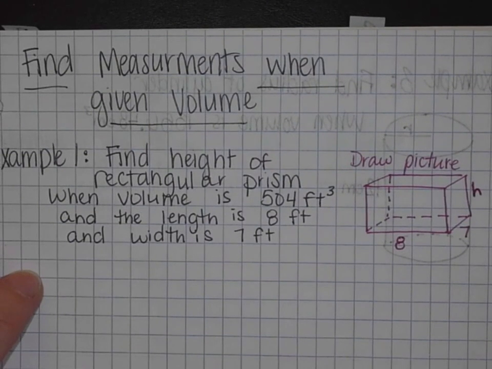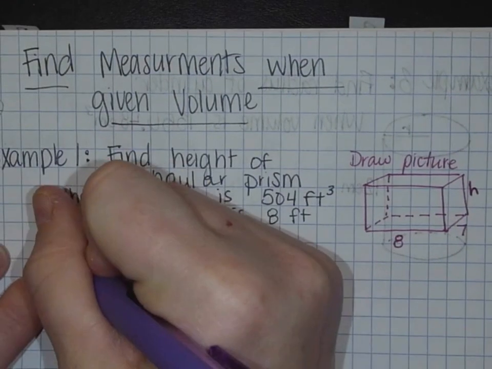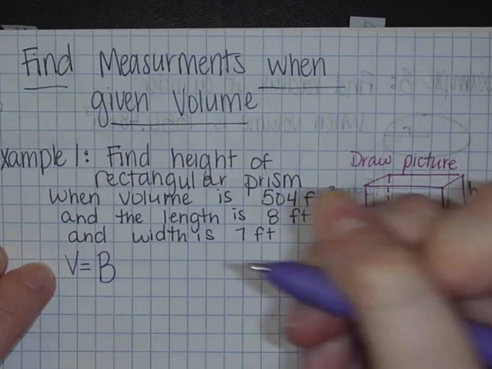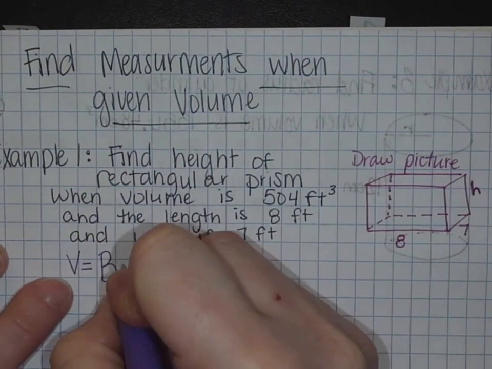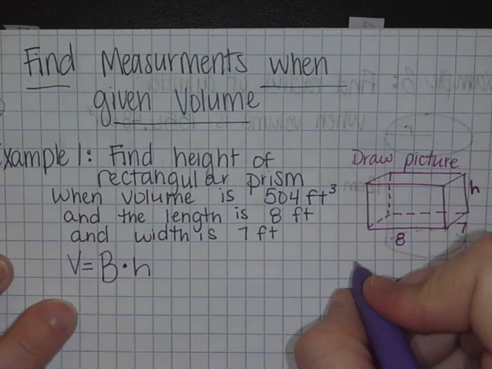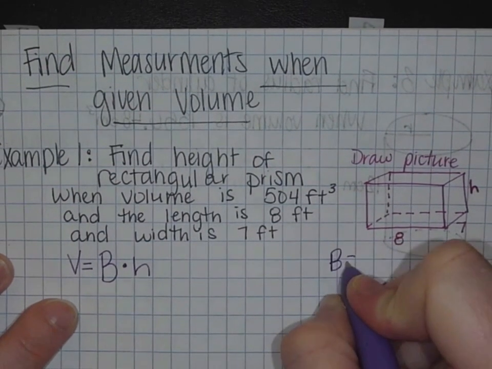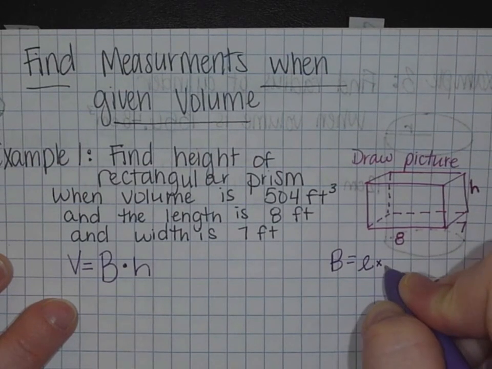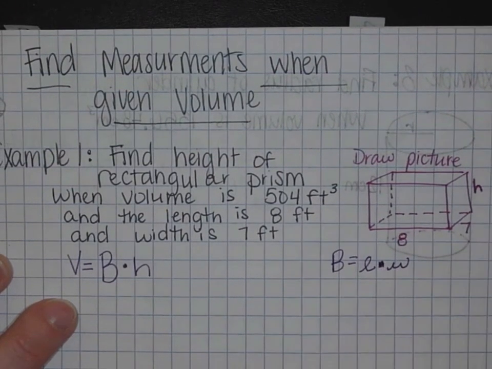So let's set it up just like we've been doing. If I'm looking for volume, we use volume equals big B, the area of the base, times the height. Well, since the base is a rectangle, area of the base is length times width, and I'm going to change that to a dot.